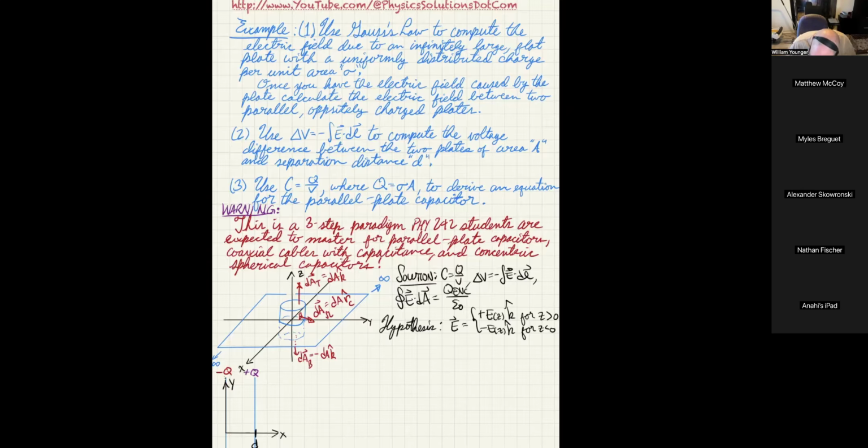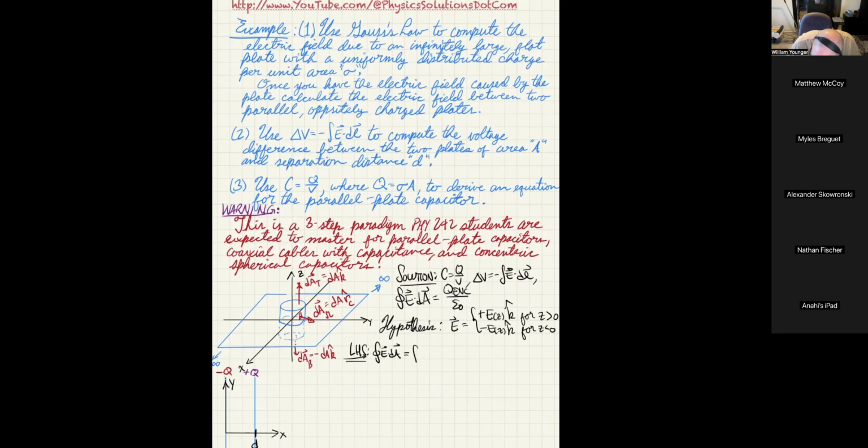Now, with that in mind, I'm going to start off with the left-hand side of Gauss's law, and the left-hand side is the closed integral of E dot dA. Now, this is a three-part surface. I have the top, I have the bottom, and then I have the soup label cylinder around the side.